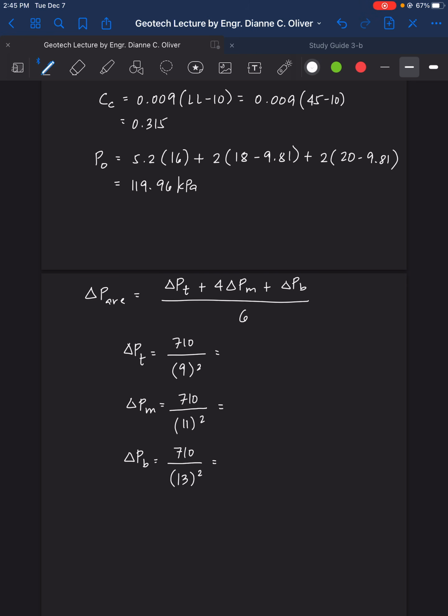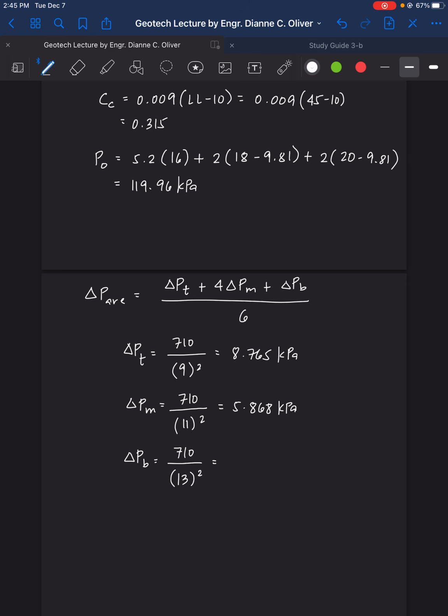So this is equal to 8.765 kilopascal. Delta P middle is 5.868 kilopascal.